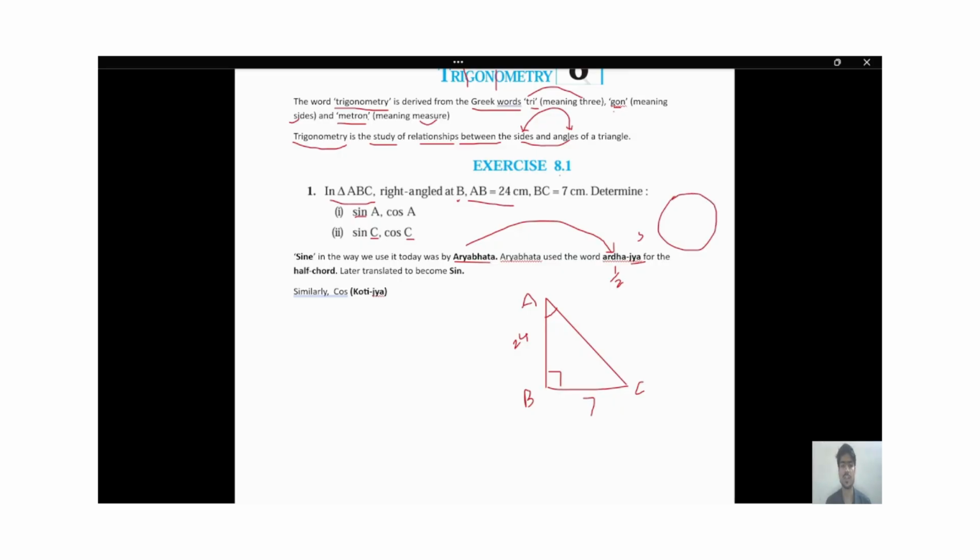You must have seen a circle. In a circle, the line that you see here is called a chord, but this is a full chord. Ardhajaya is a half chord. The word Jaya was used, but after many translations into many languages, it became sine or sin.